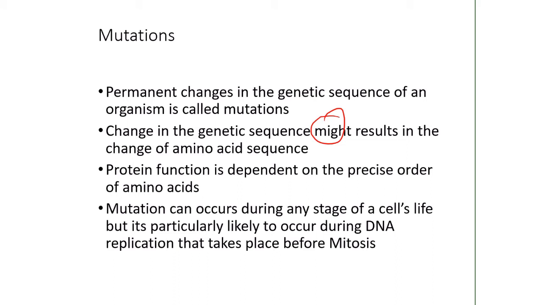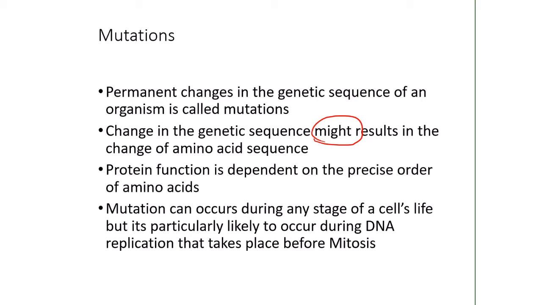Permanent changes in the genetic sequence of an organism are called mutations, and changing your DNA, the ACTG, might result in changing the amino acid sequence. Right? So if you change your codon from AAT to AAC, that might result in a change in the amino acid sequence, although not always, because as you know, our codons are redundant.